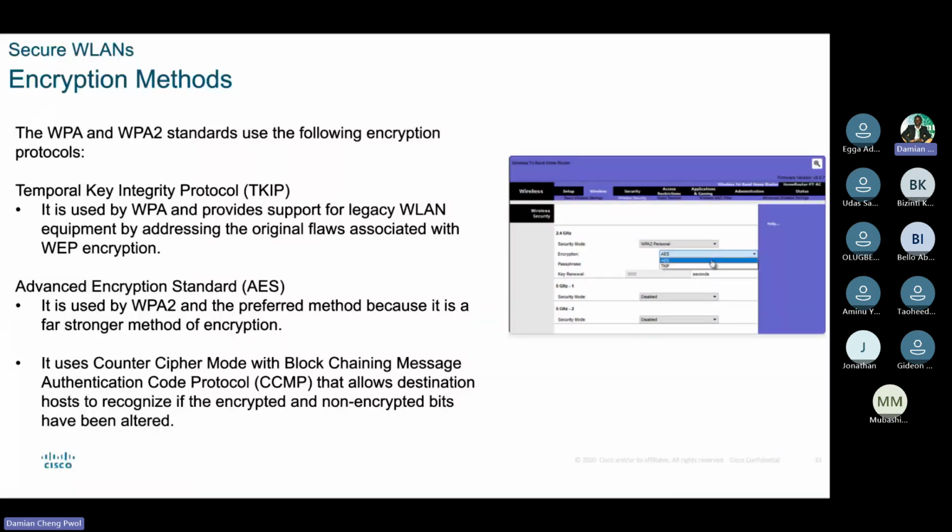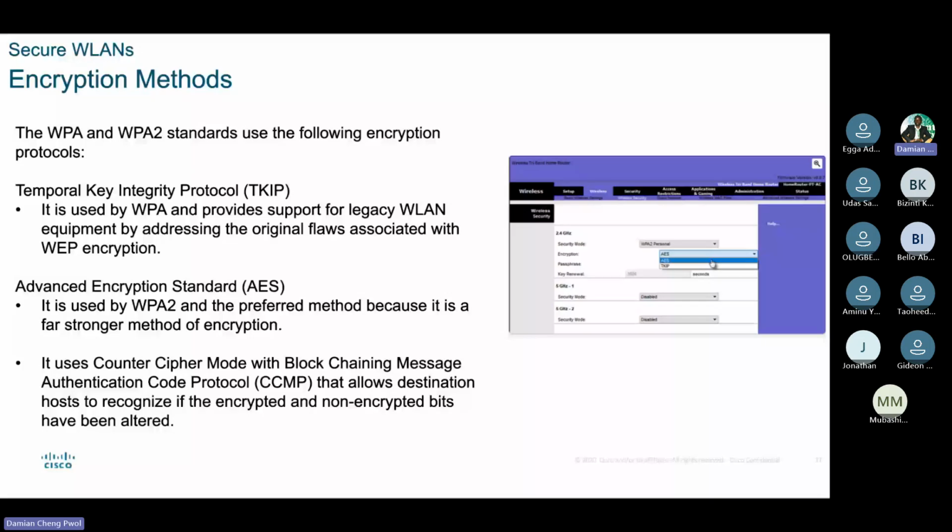It is used by WPA2 and is the preferred method because it is a far stronger method of encryption. It uses Counter Cipher Mode with Block Chaining Message Authentication Code Protocol, CCMP, that allows the destination host to recognize if the encrypted and non-encrypted bits have been altered. This one is just to check the integrity of the data.